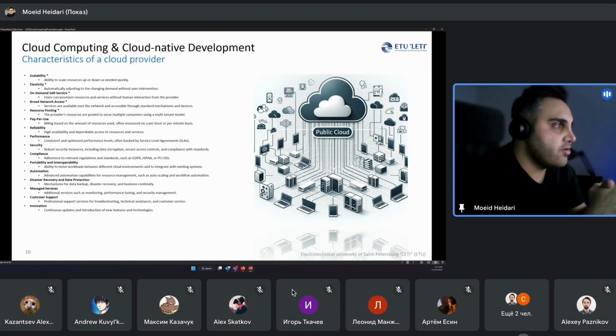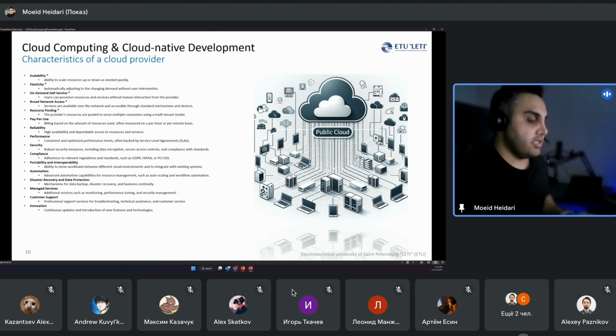So whenever you have a technical issue, whenever you have a professional support question or anything, you can talk to this AI system. So most of the cloud providers are going toward this approach, and they are preparing the AI models to fulfill this gap. And of course, innovations continuously update and introduce new features and technologies.